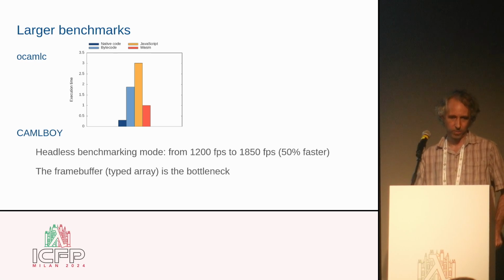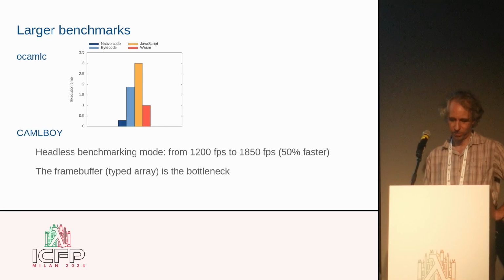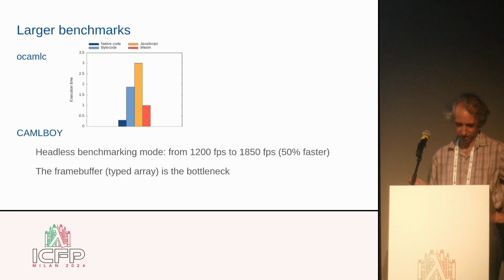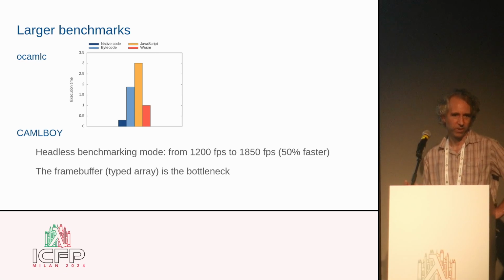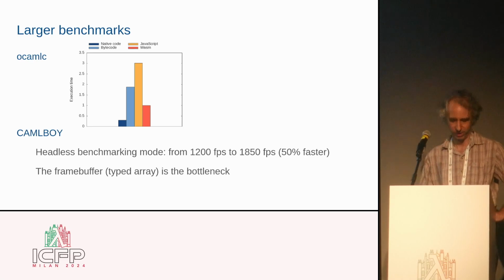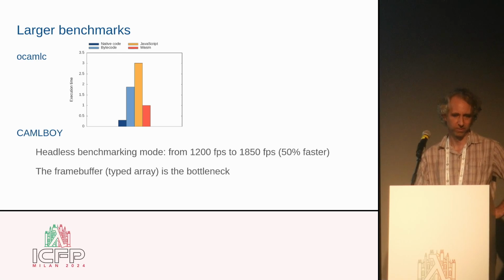And for the CamlBoy example I gave previously, it's about 50% faster in Wasm than in JavaScript. In practice, it does not actually make much difference, because most of the time is spent in writing the frame buffer, which is a typed array.